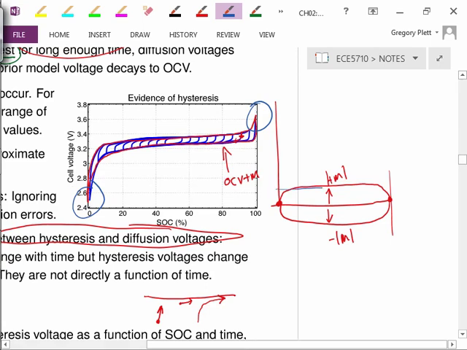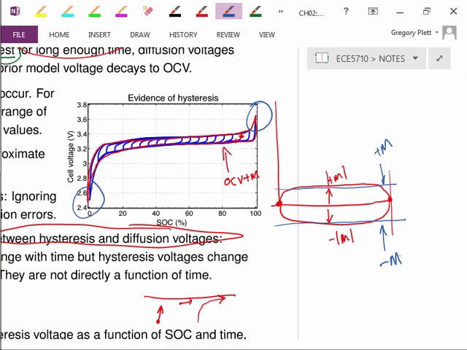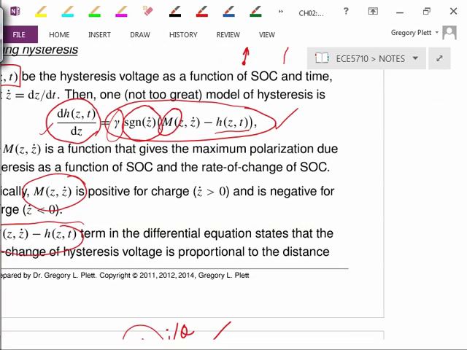And so if I replace my hysteresis model with simply a plus m when I'm charging and a minus m when I'm discharging, where m now is a constant, then that's a fairly decent estimate of the outer loop of hysteresis. And to get plus m when I'm charging, I have to multiply the sine of current by minus 1, and the same idea when I'm discharging.